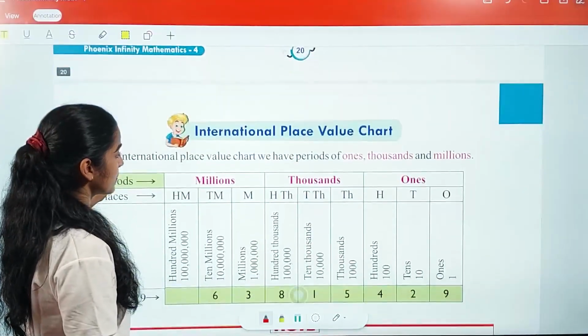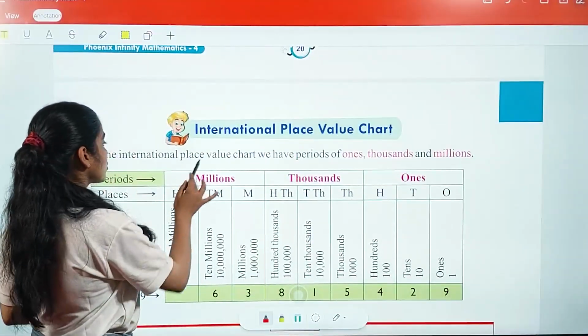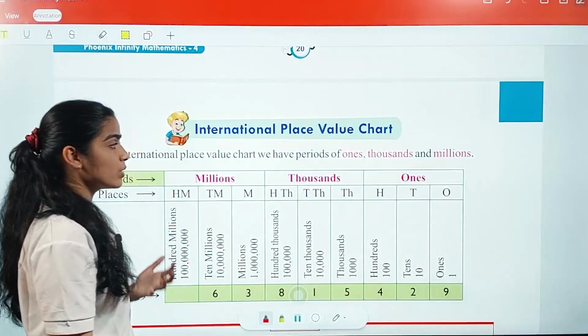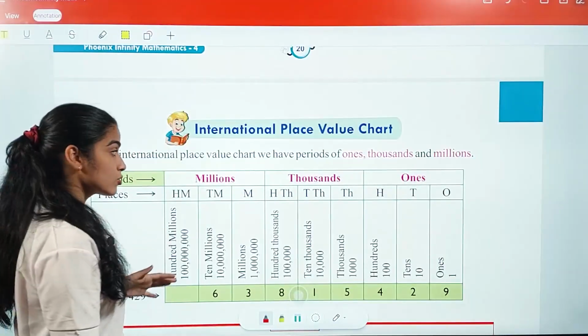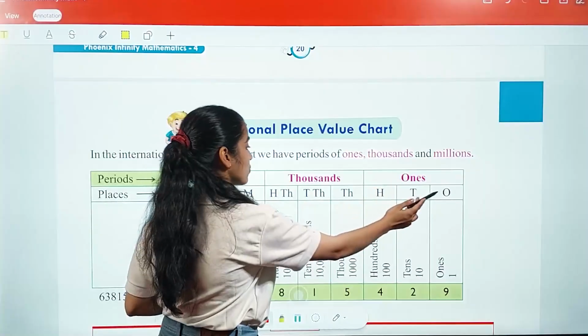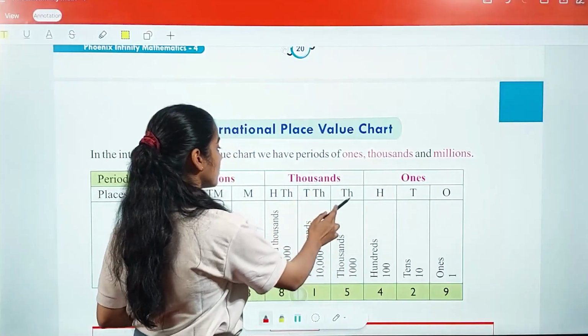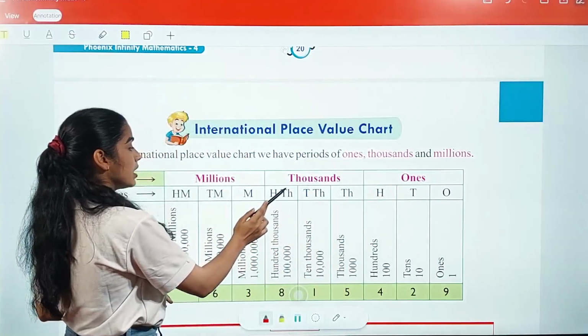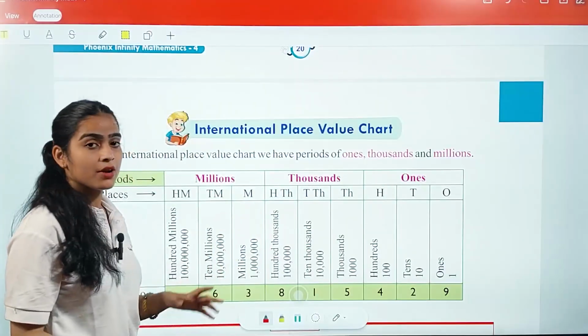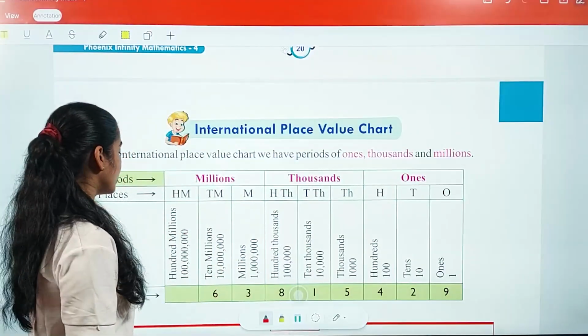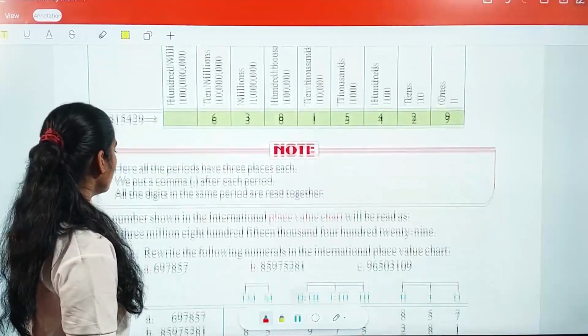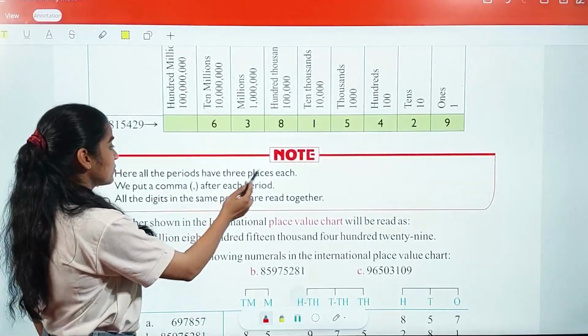Now the international place value chart. In the international place value chart, we have periods of ones, thousands and millions. First we have ones, in which we have ones, tens, hundreds. In thousands we have 1,000, 10,000, 100,000, and in millions we have million, 10 million and 100 million. Now here all the periods have 3 places each.